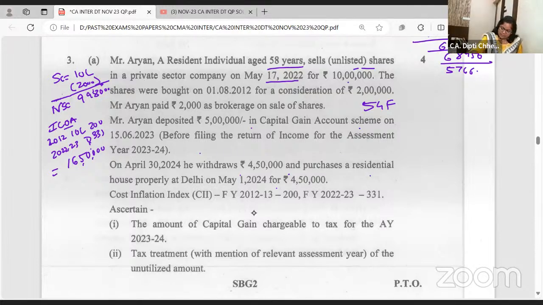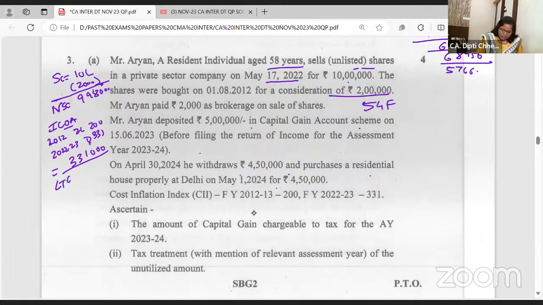बराबर है? नहीं है? गलत है? What is the cost? Oh, sorry, I took the sale consideration. The cost is 2012 he has purchased for 2 lakh. 2 lakh into 331 divided by 200. Now it's correct. 3,31,000 minus 9,98,000.